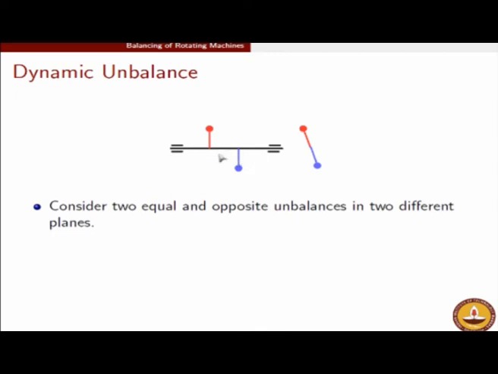Now consider this situation wherein you just have 2 unbalanced masses at 2 different locations, but just fortuitously, just a matter of luck, these have been arranged in equal and opposite fashion. What will happen in this case is that this system will have no preferred orientation in static equilibrium. Each orientation is as likely as the other.